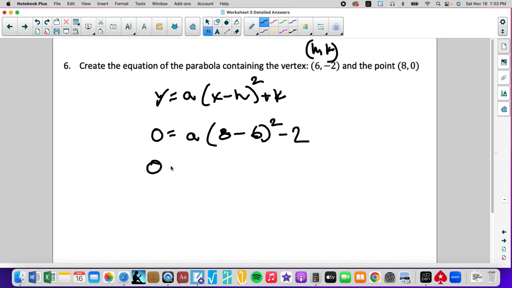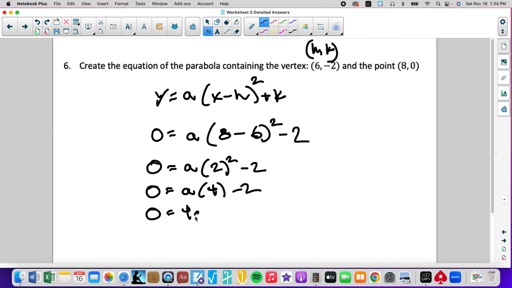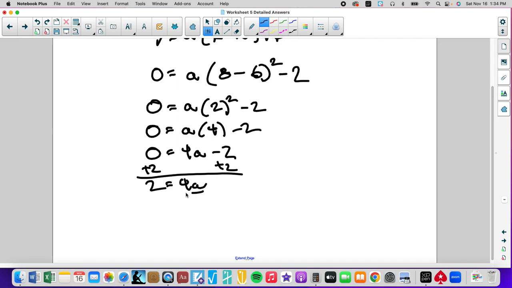All right, let's simplify this. We don't square until we simplify. And 0 equals a times 4 minus 2. So 0 equals 4a minus 2, add 2. 2 equals 4a. So a is going to equal 1/2.